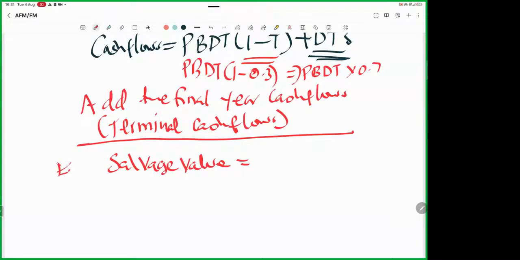So we are talking of extra. The salvage for the new machine is 4,000 minus salvage of the old. Extra. So we have here 2,500 extra. Then we have working capital recovered.